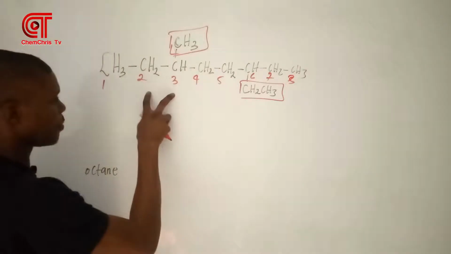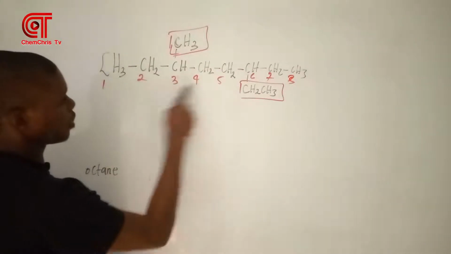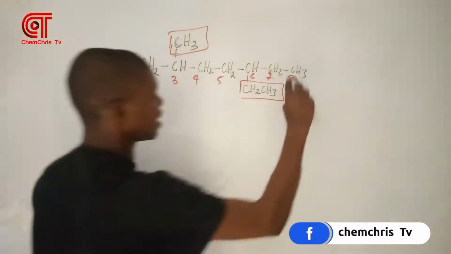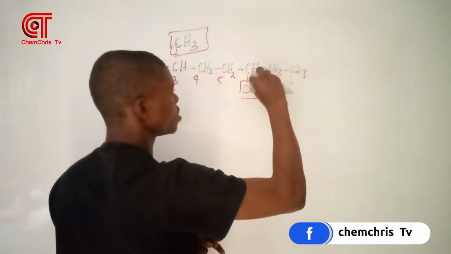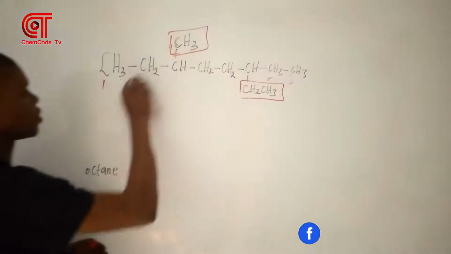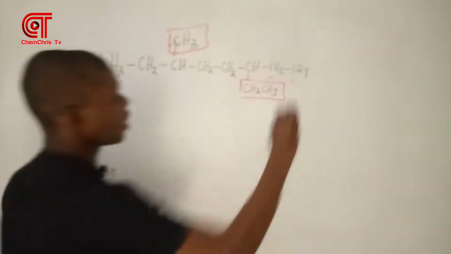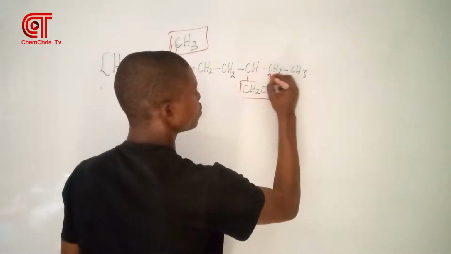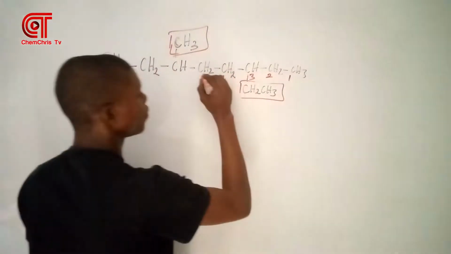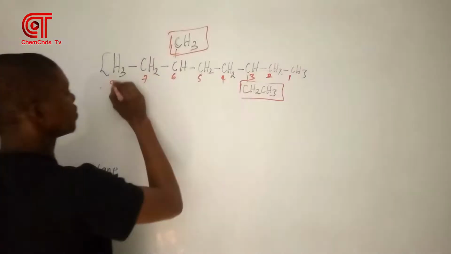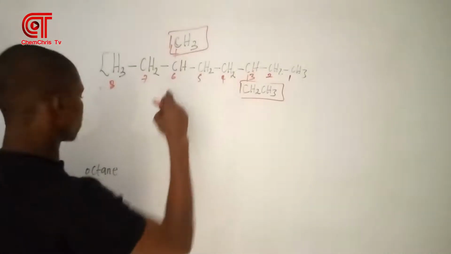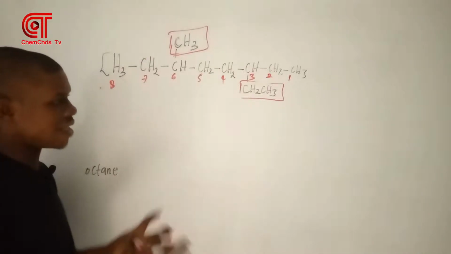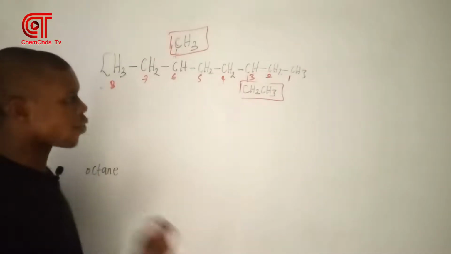And when I start my number from the other side, 3 plus 6 is also 9. So numbering from either side gives 9 and 9.